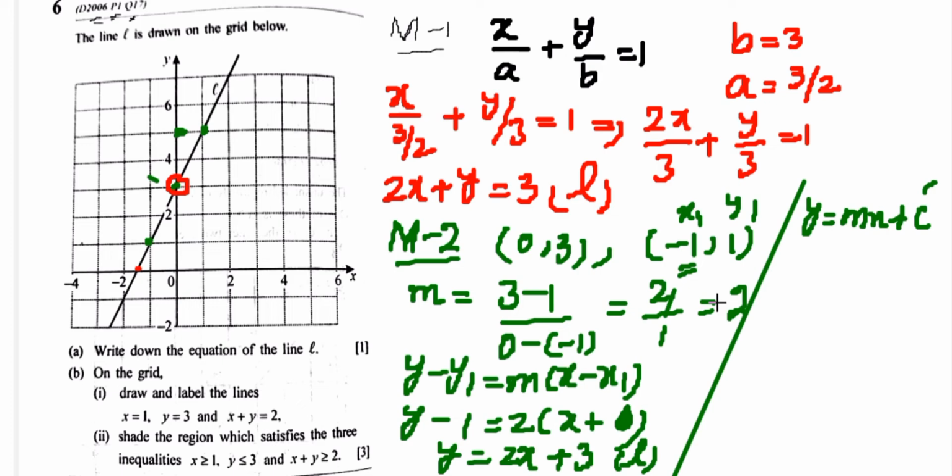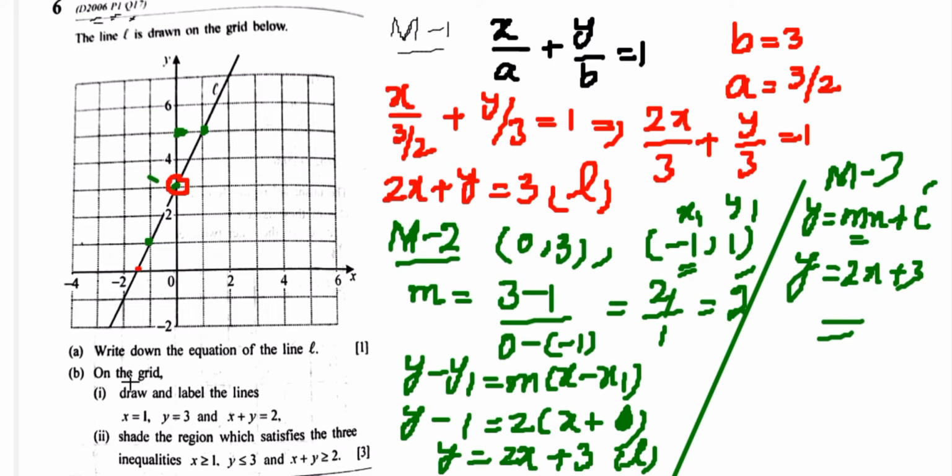The y-intercept is 3 and the slope, that is the gradient, is 2 here. So by just putting 2x plus c, what is c? c is 3 here. This is method number 3. I have used the same points as in method number 2 to find the gradient.